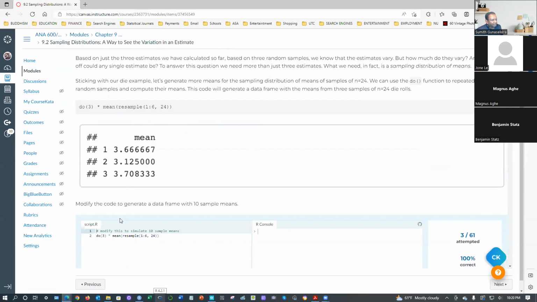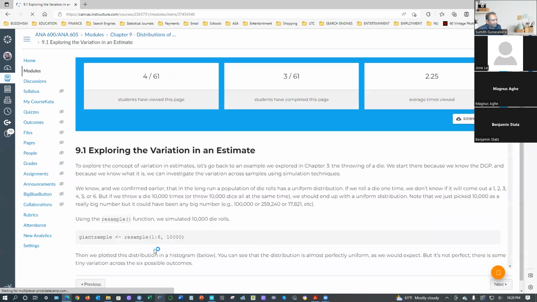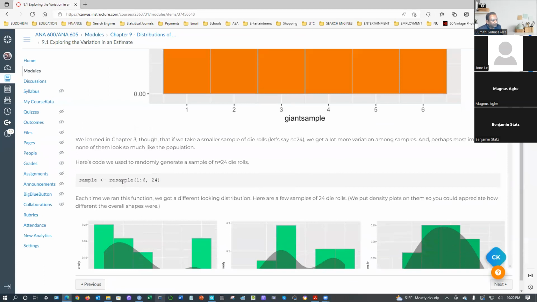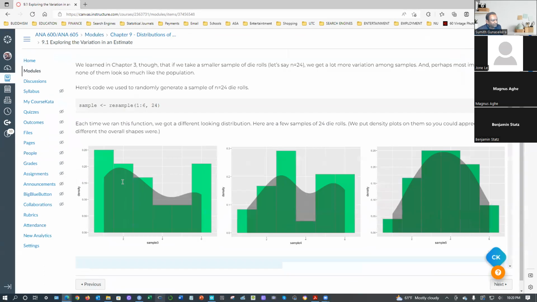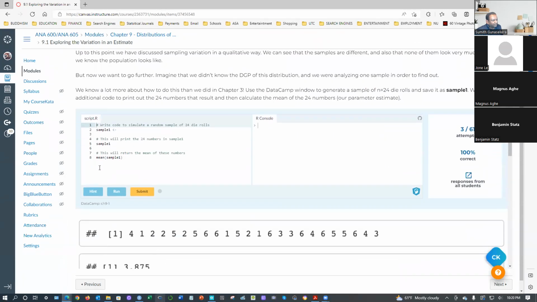Go to the giant sample. No, not this one. Giant sample. Yeah, here. Okay, giant sample. Can I find the mean? Okay, here. Random sample of 24.